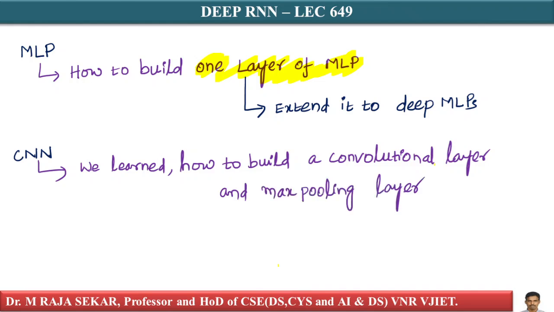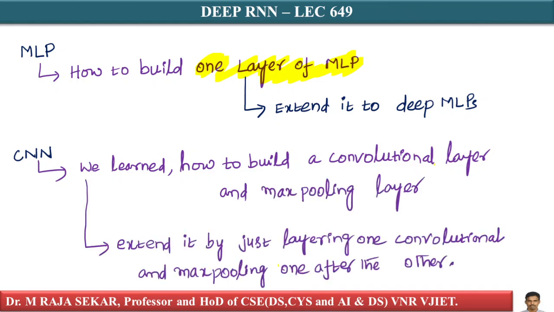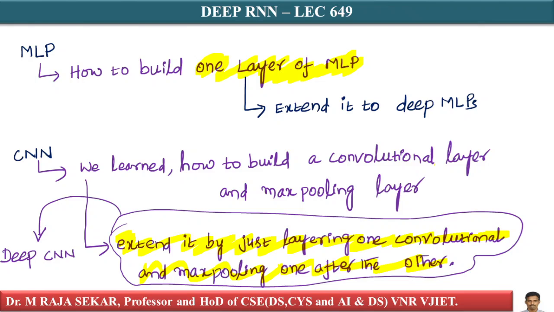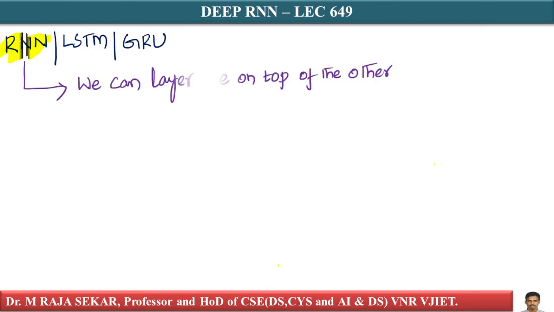Then we extended it by just layering one convolution, max pooling one after the other, and we build deep convolutional neural networks. Similarly, we can take RNN units, a simple RNN or LSTM or GRU, we can layer one on top of the other so that you will get a deep RNN. A deep RNN typically looks like this.